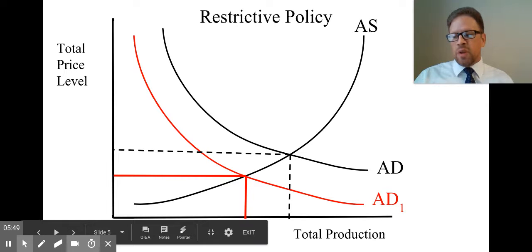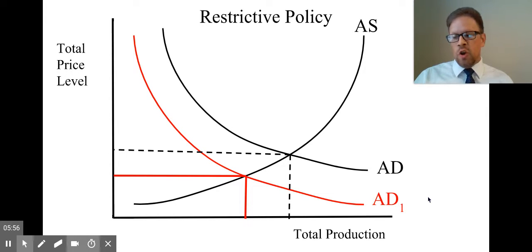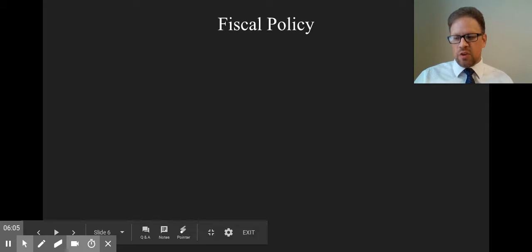The federal government can actually stabilize an economy that is either growing too rapidly, meaning suffering from high inflation, or growing too slowly, meaning suffering from high unemployment, using either fiscal policy, I said fiscal policy, not physical, or monetary policy.